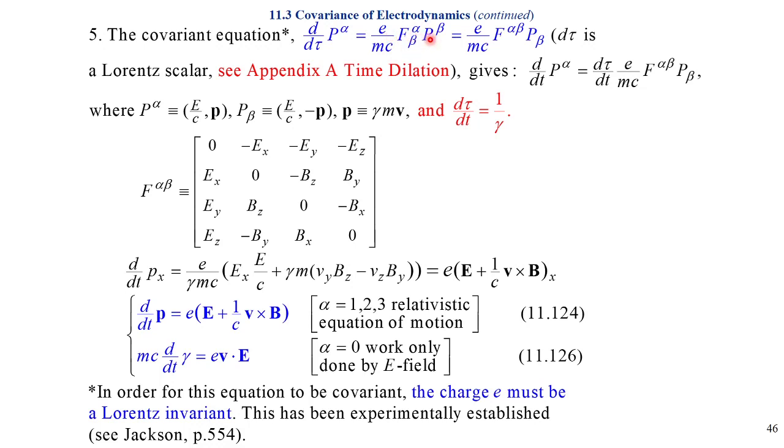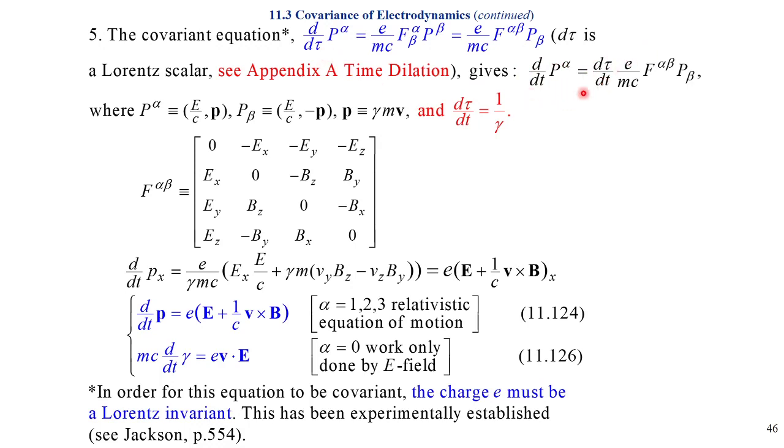Sum over beta. Or you can write F alpha beta P beta. The tau is the Lorentz scalar. You can see appendix A, time dilation. And the dP alpha over dt, that's the traditional understanding of the force. You can write it into this form.